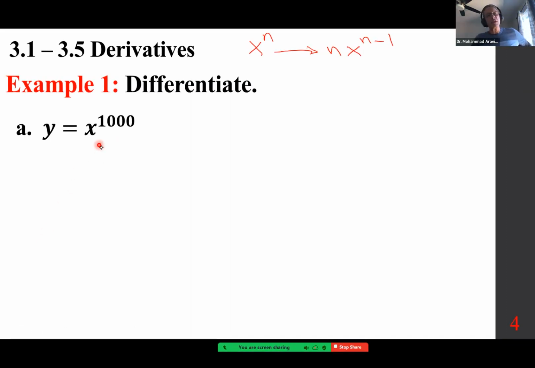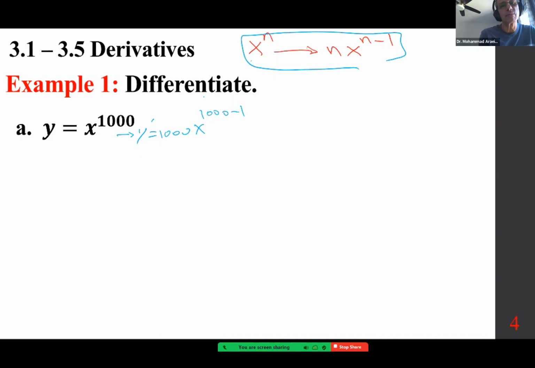Therefore, if I'm differentiating x to the power of 1,000, 1,000 becomes the coefficient. And let's just write this actually with steps so it becomes clear. Therefore, y prime, 1,000 becomes the coefficient, and the exponent goes down by 1 according to this formula. Therefore, the answer is 1,000 x to the power of 999.